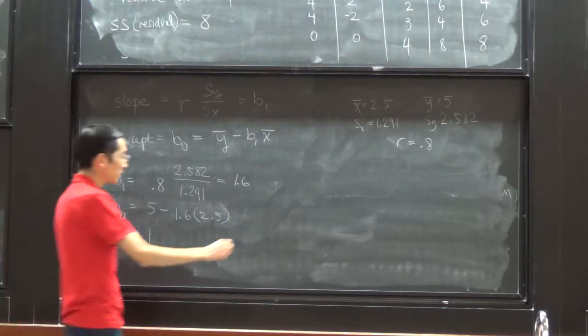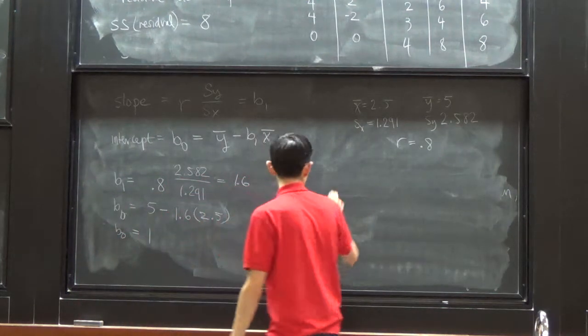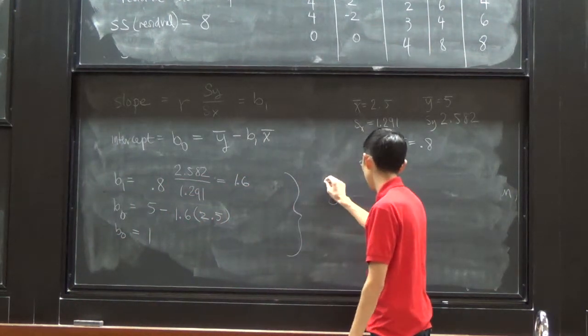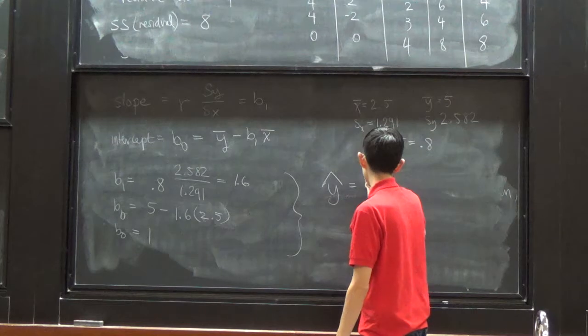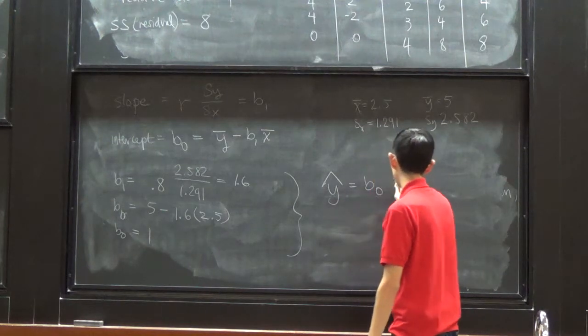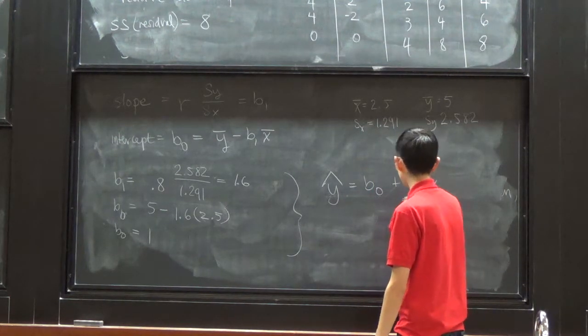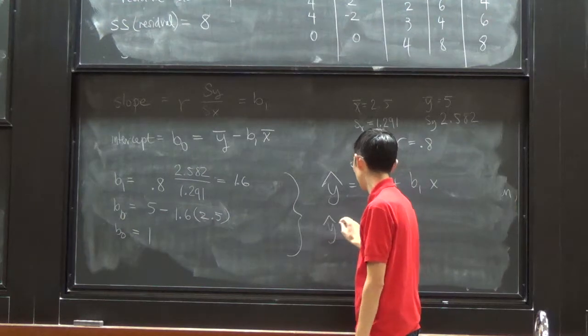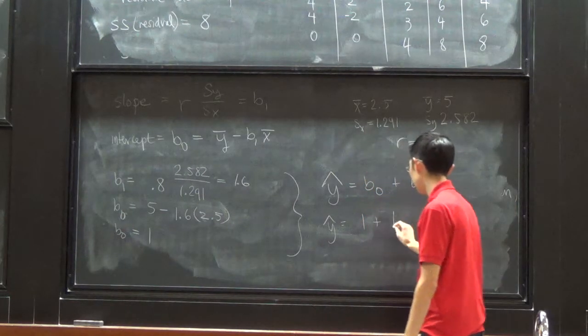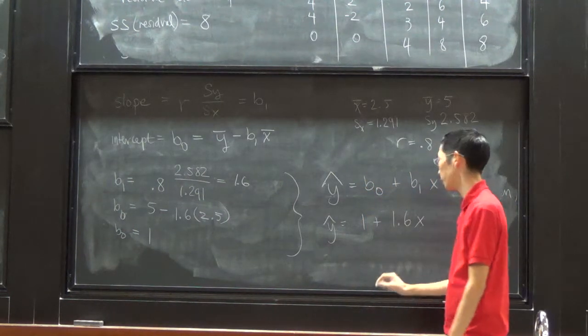So putting these together, if we say the predicted line is in the form y is equal to b0 plus b1x, we get y is equal to 1 plus 1.6x.